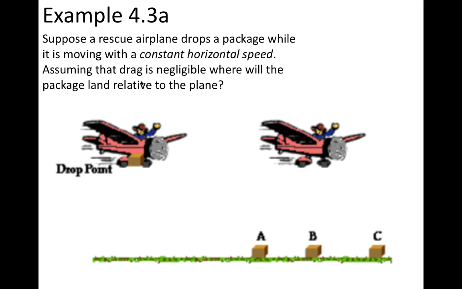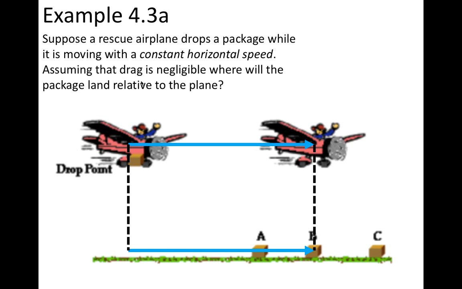So the first thing that we have to realize is that the motion of the airplane is constant horizontal motion. And so what's the package going to do? Well, the package, if you drop a line directly beneath it, the package is going to move horizontally that same distance. And so where's the package going to be?